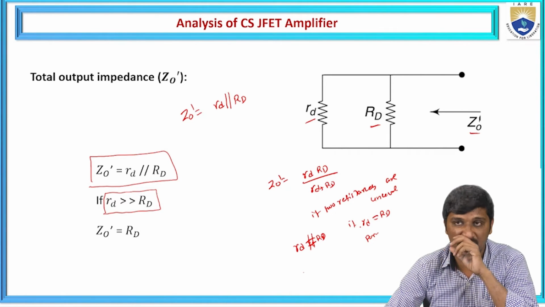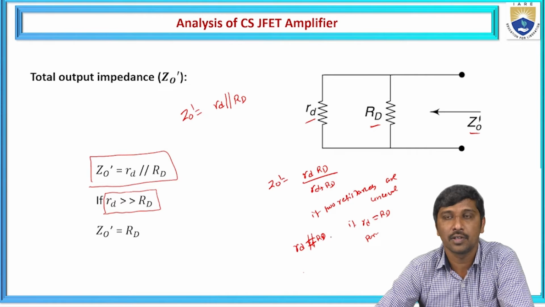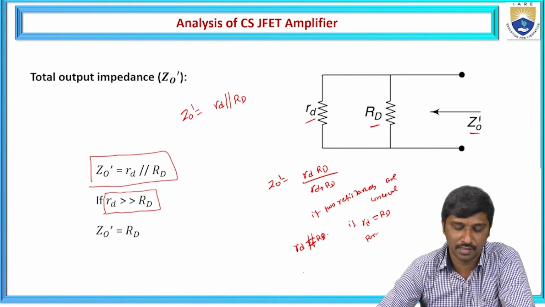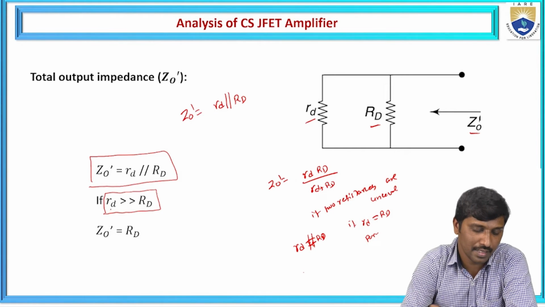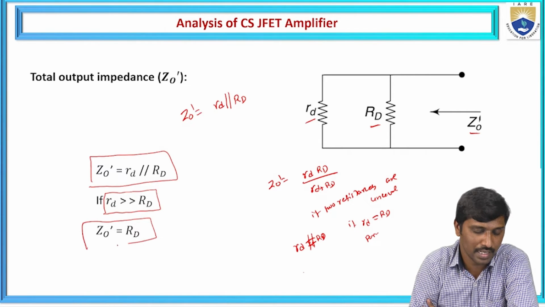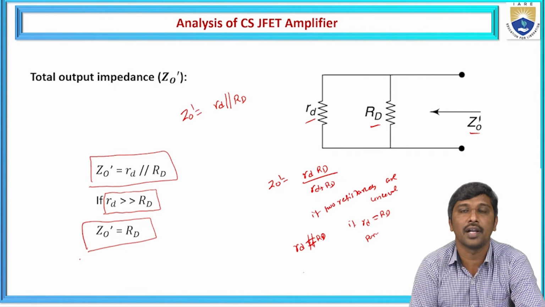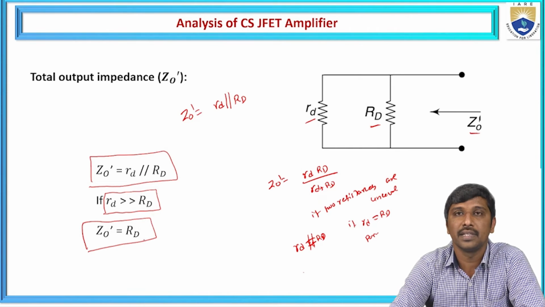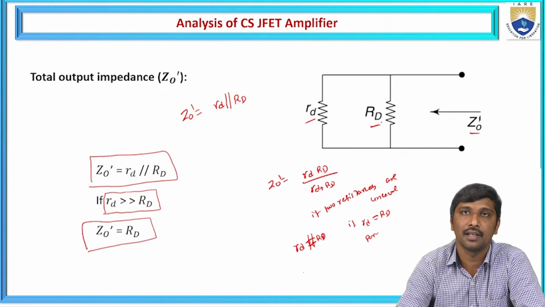If the two resistances are unequal, the parallel combination is equal to the smaller resistance value. Hence here we take capital RD as very small compared with the internal AC resistance, so Z0 dash is represented as capital RD. Under this condition, whatever current is generated across the drain, that maximum current flows only through the load, that is capital RD.